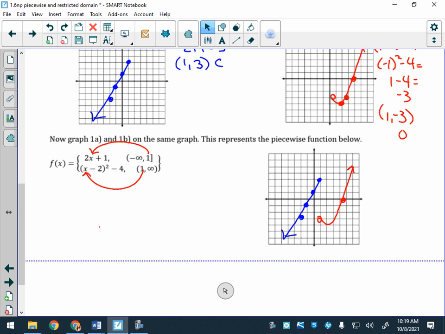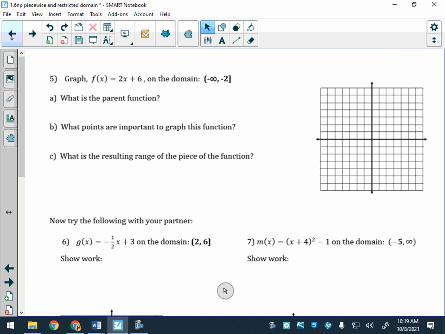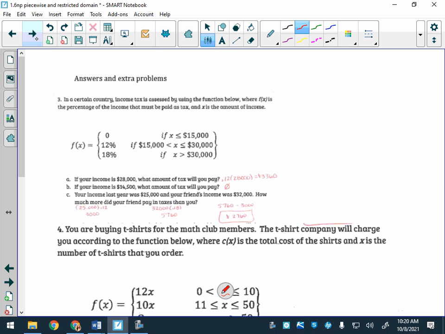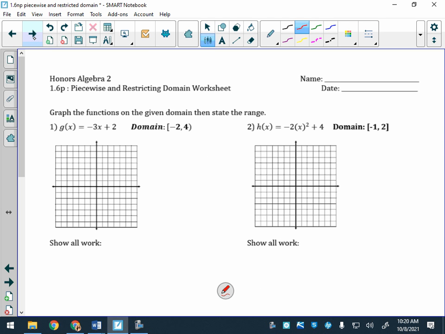So your homework: in the notes, page 4, 5 through 8. Page 4, 5 through 8. And then on page 9, where it says 1.6 practice, 1 through 4.